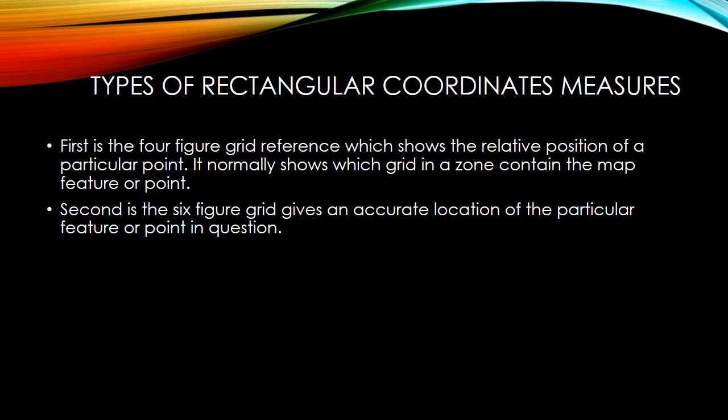The second one is the 6-figure reference, and this gives you an accurate location of a particular feature or point in question. So with that, it will give you the coordinates of the grid within which the point is found, and also give you the distance from the point to the x and y coordinates of the grid.